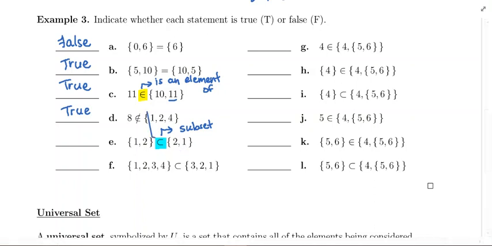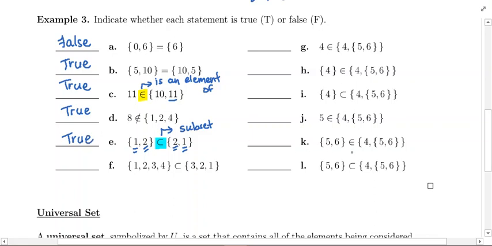You start with the set on the left and ask yourself, is every element in this set a member of the set on the right? The set on the left contains 1, so does the set on the right. The set on the left contains 2, so does the set on the right. Every object in the set on the left is also in the set on the right, so this is a true statement.